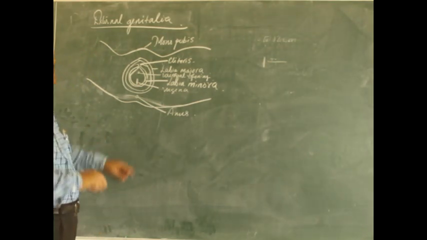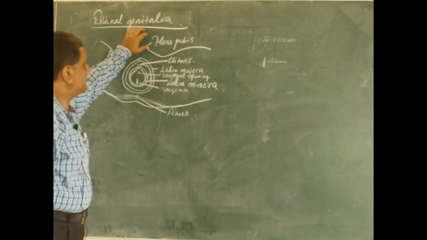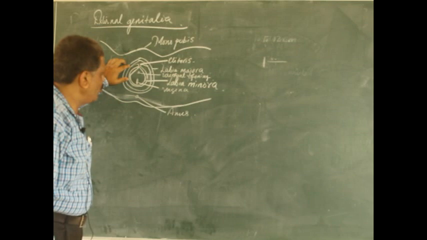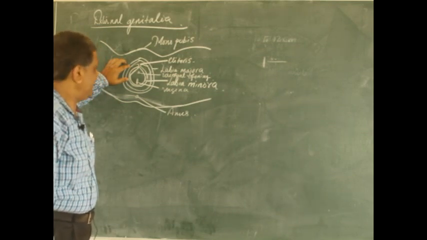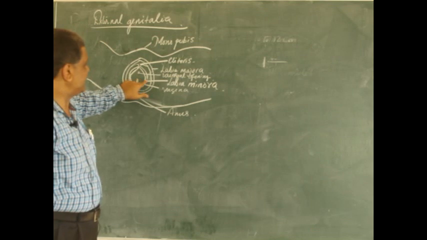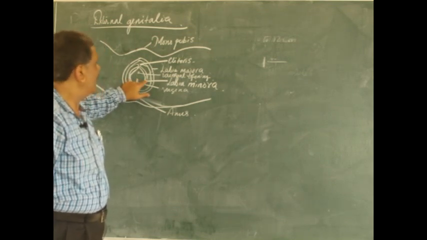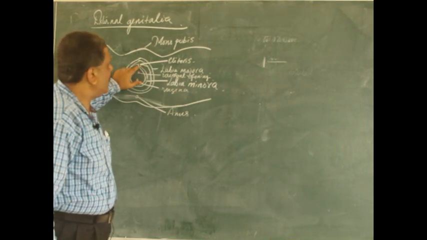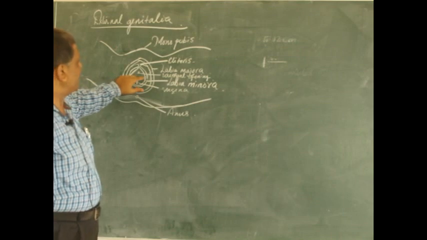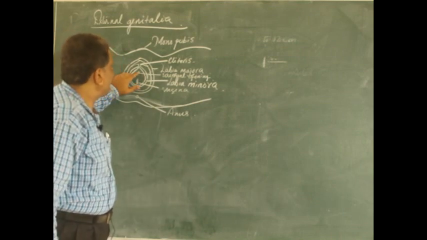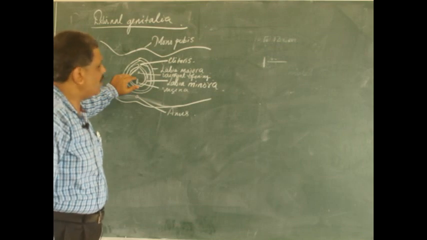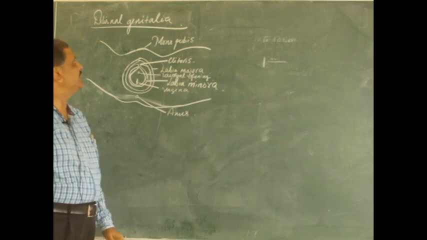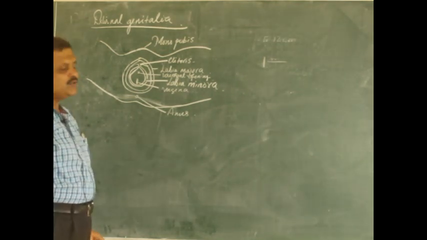So the parts associated with the external genitalia are mons pubis, the outer fold of muscle called labia majora, the inner fold called labia minora, in between them a small outgrowth called clitoris, and inner to the labia minora the urethral opening and also the vagina. So these are the parts associated with female external genitalia.